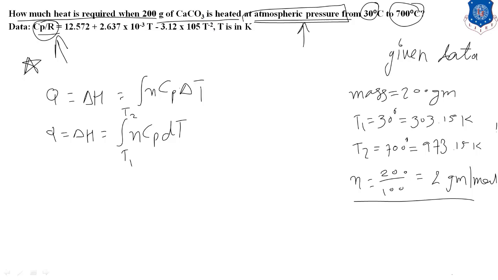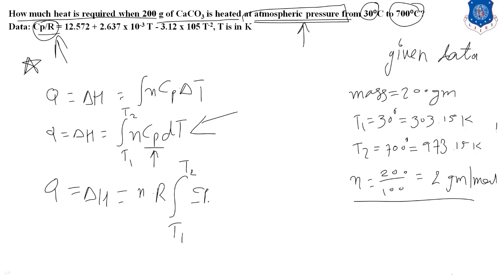Now we have the value of Cp upon R. To get Cp upon R here, we have to multiply and divide by R in this term. So we get N into R into integration of T1 to T2 of Cp upon R dT. Now we can easily use this value of Cp in this equation.